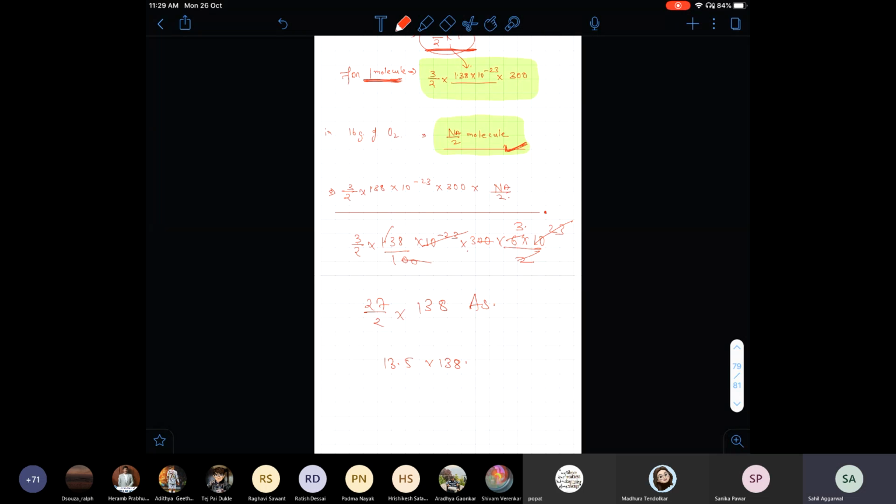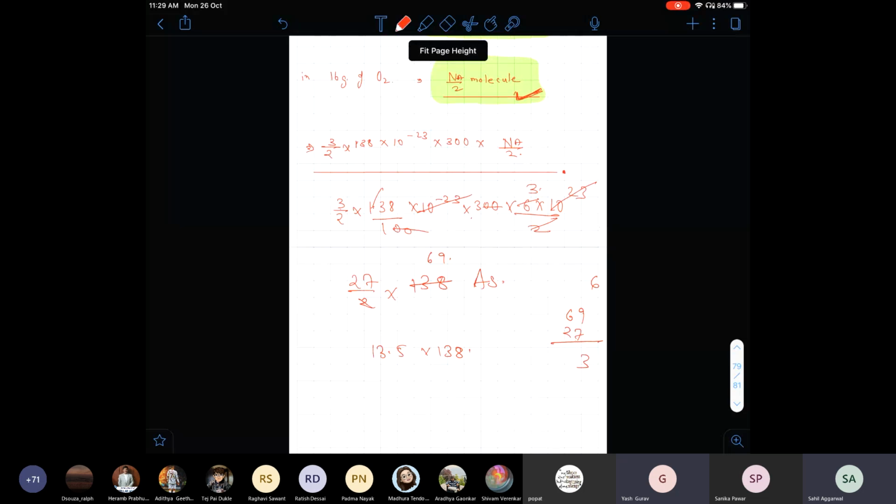Anyone done this one? 69 into 27. Sir, can you zoom in the screen? It's not visible properly. Just wait.